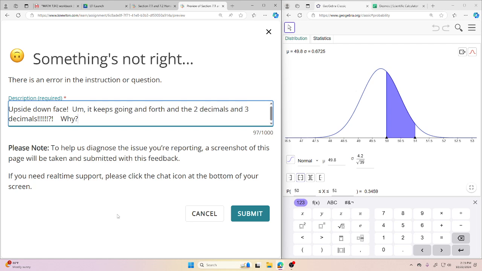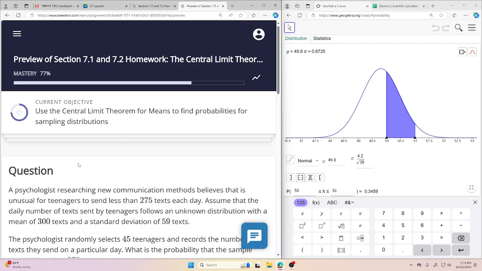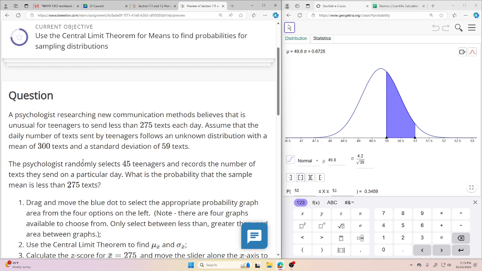Why? Someone's going to read that. And it's their job to read that. Darn it.